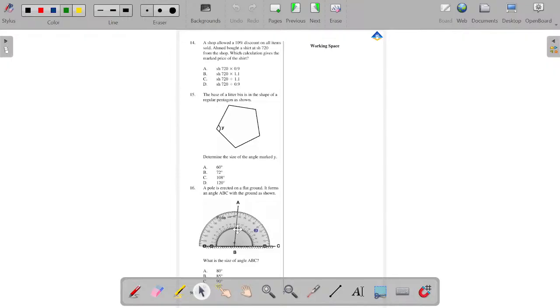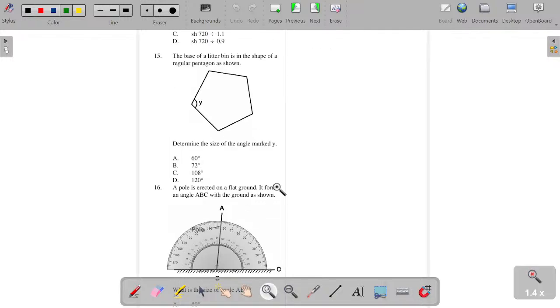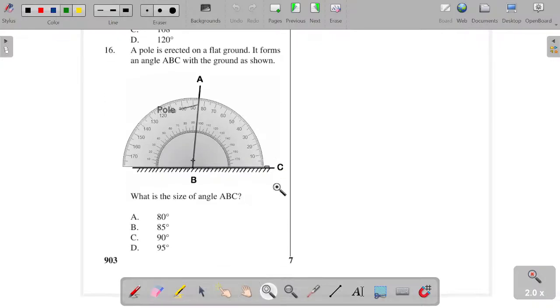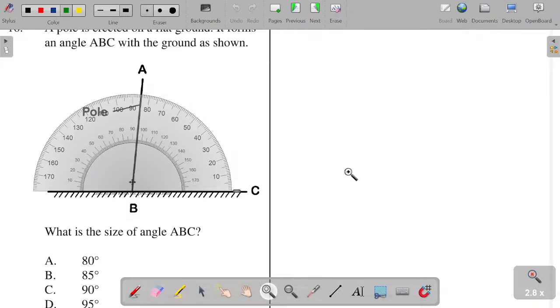I've aligned my protractor. Let me maximize it by enlarging so that you can see what is there. Dear learners, look at it keenly.